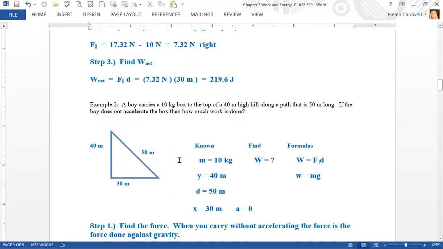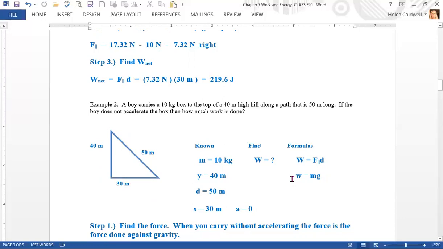So what are we doing? We have 3 distances and no forces. The force you do when you take something from one elevation to a different elevation, you are doing work against gravity. And so you have to overcome gravity pulling you down. So your weight is the force you have to overcome.